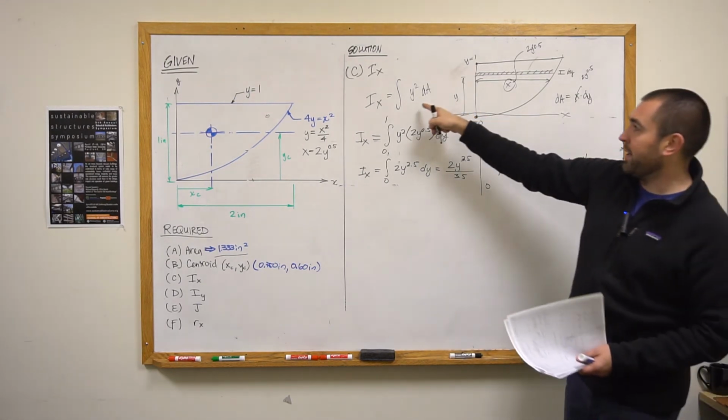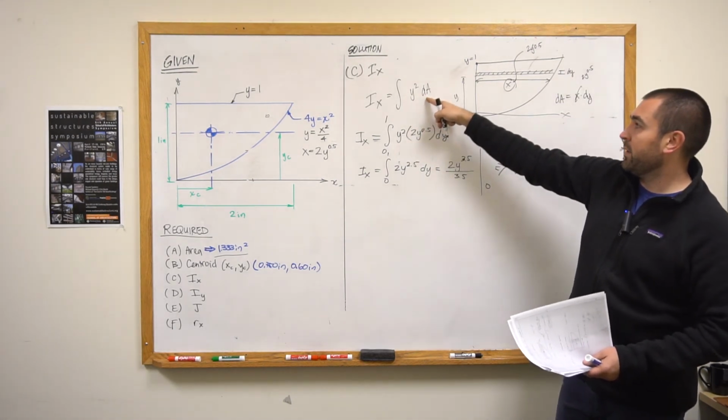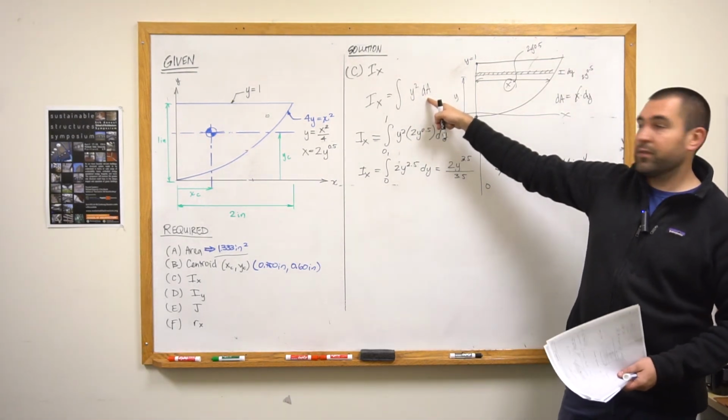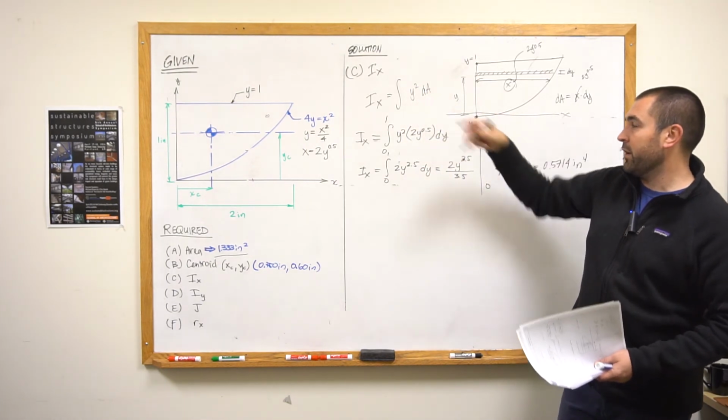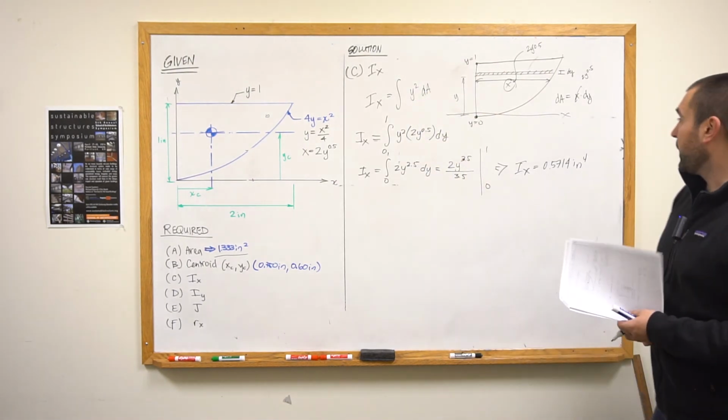Inches to the fourth because we're talking about distance squared times an area, which is simply distance squared. So distance squared times distance squared is going to give us distance to the fourth.